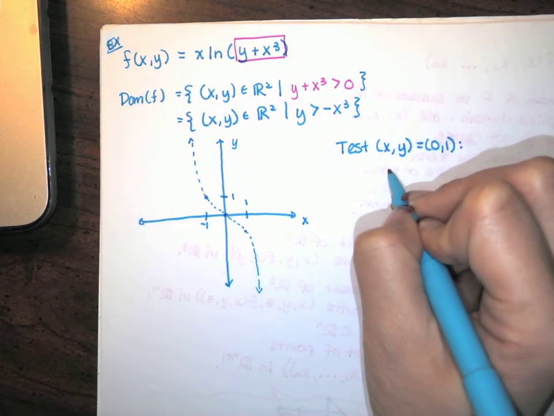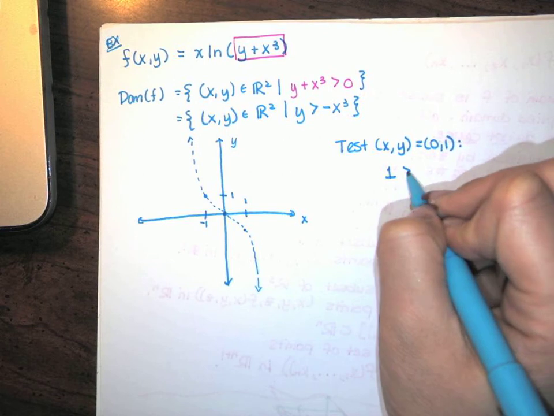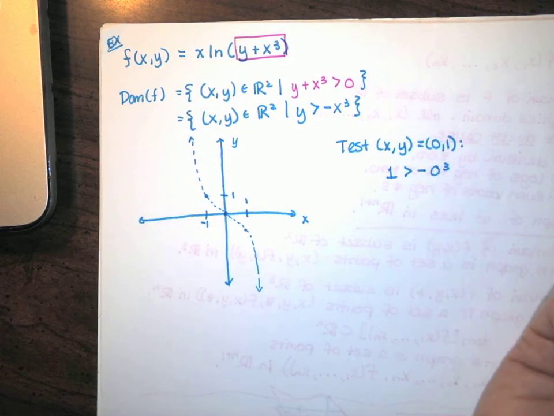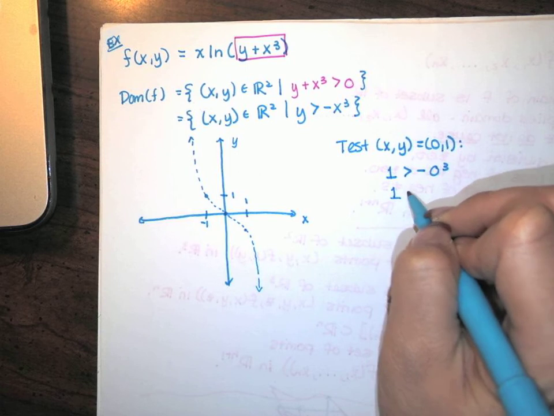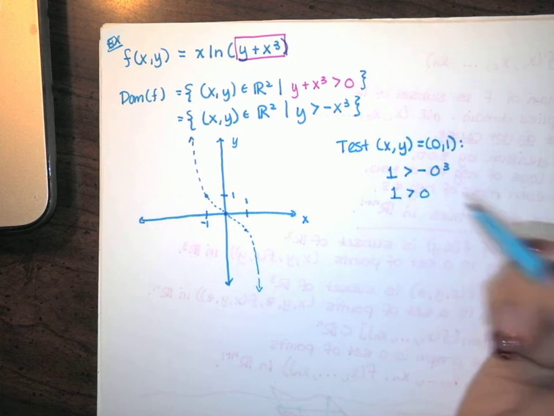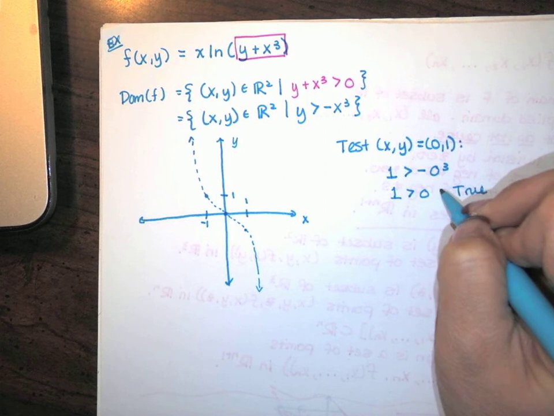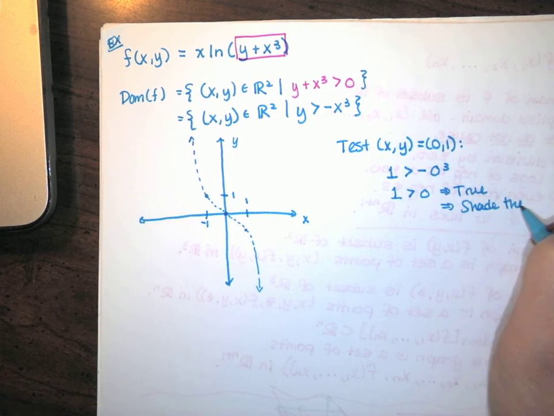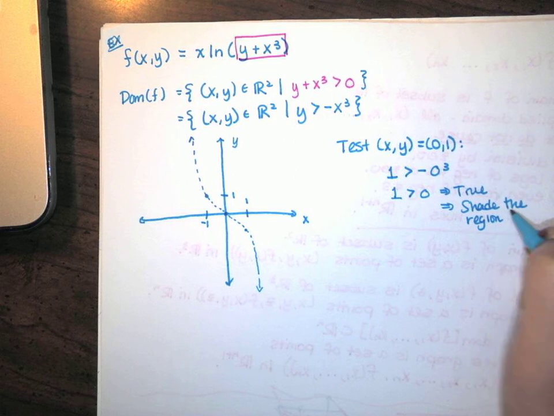So I have 1, substituting that for y, is greater than -0 cubed. Simplify. 0 cubed is 0, opposite of 0 is 0. I ask myself, is that true or false? Yes, 1 is greater than 0, that's true. So you're going to shade the region that includes 0, 1.